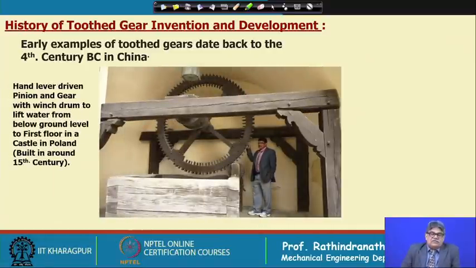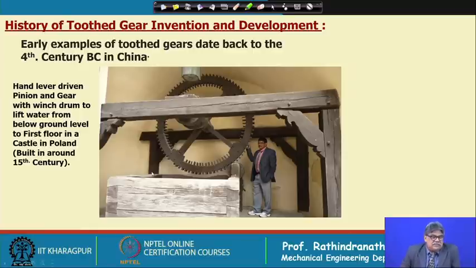Now, the first tooth gear was somewhat like what I am showing here. Of course, this is not the first tooth gear that was introduced long back, and probably that was used for a mechanism, but this one is an example where it is also transmitting torque.